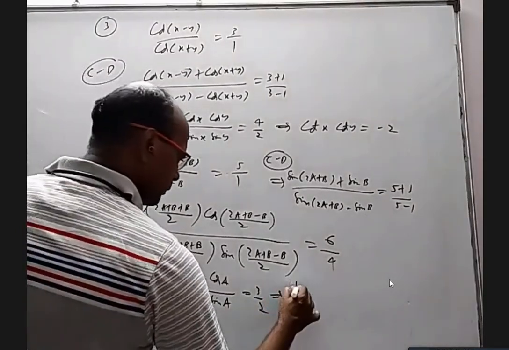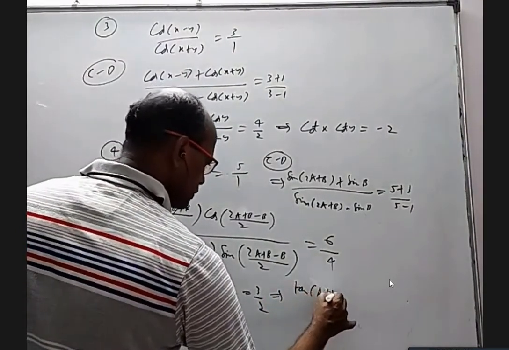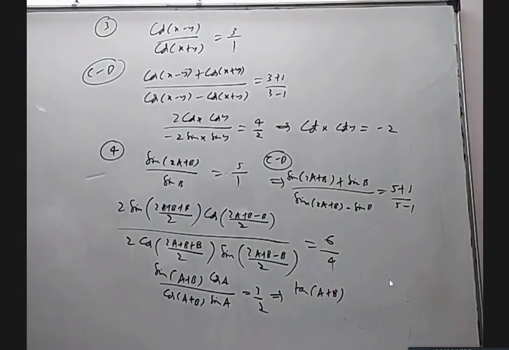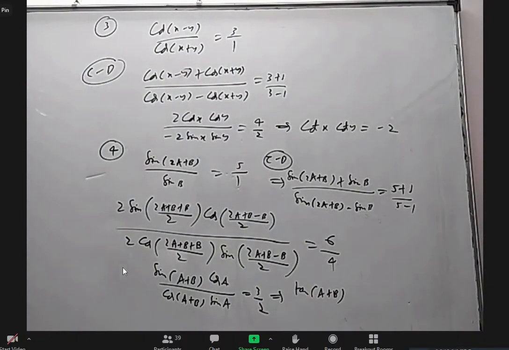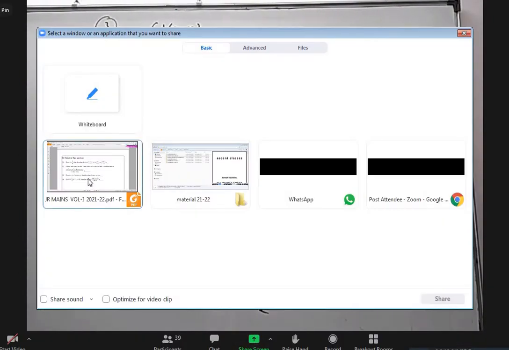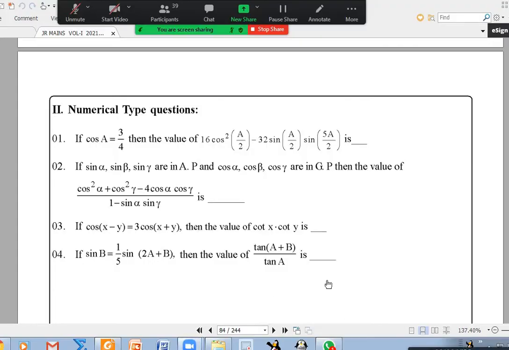This will become cos(a plus b) and sin a, and this is 3 by 2. That is tan(a plus b) into cot a, so tan(a plus b) by tan a, exactly that.